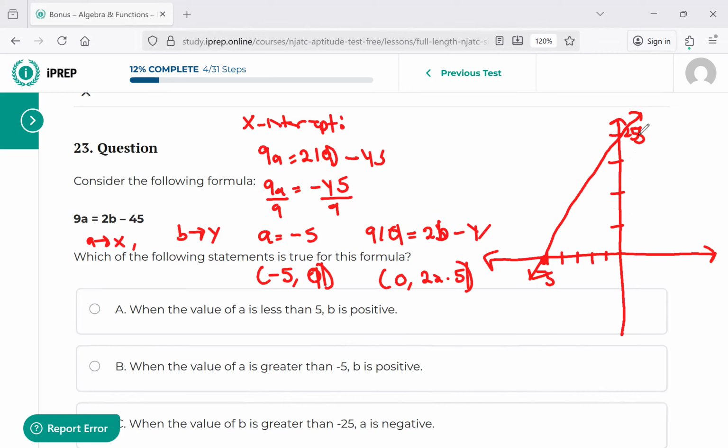Right, so which of the following statements is true for this formula?